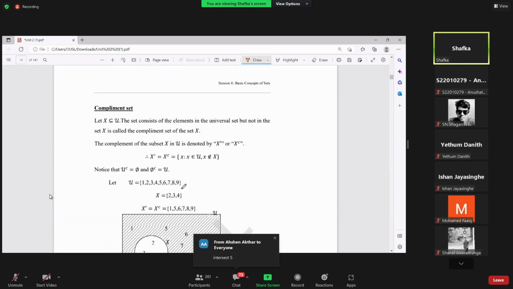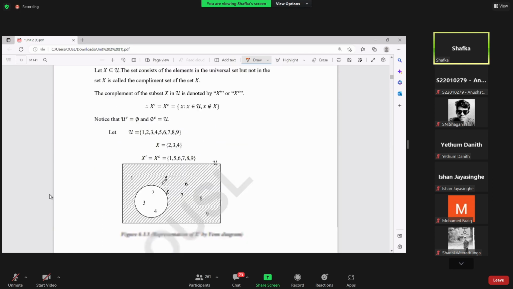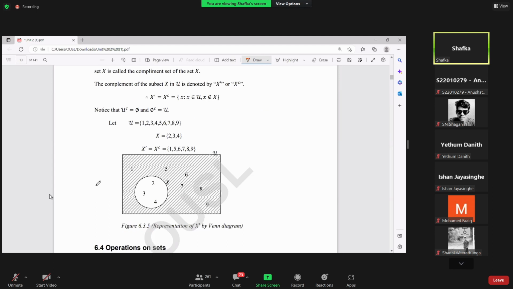Then the complement of a set. We know that every set is a subset of the universal set. The set containing the elements in the universal set but not in the set X is called the complement of the set. Let's say this is X and this is the universal set.